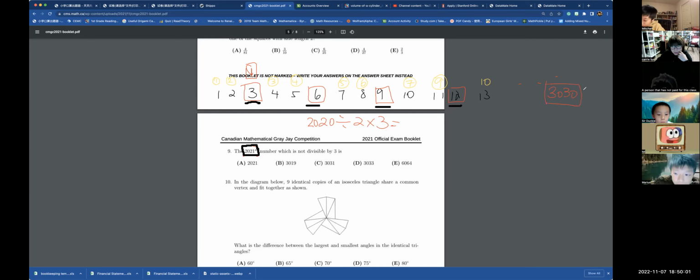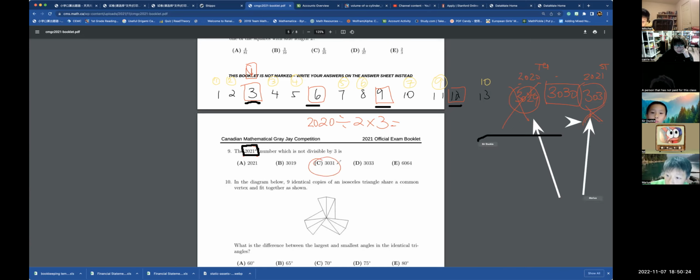This one could be divisible by 3. The one before is the 2020th number, which cannot be divisible by 3. And the 2021st number is 3031. So this is 3029, which cannot be divisible by 3. That is the number we're trying to find. So that is the answer.